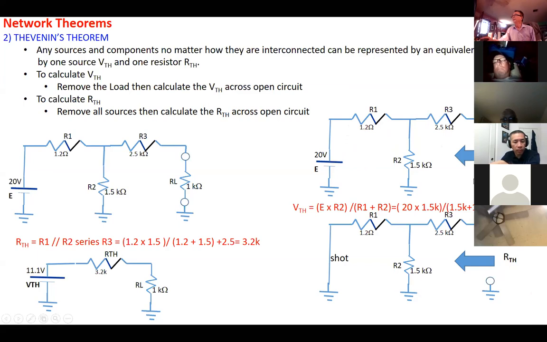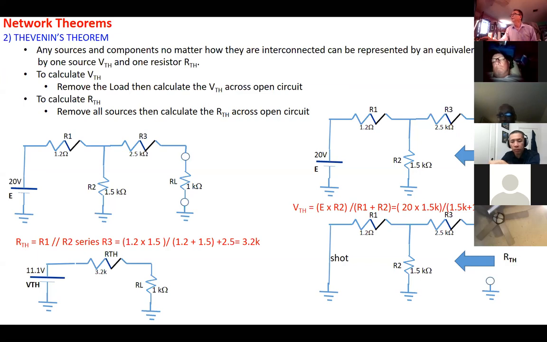Let me ask you this, Mr. Pham. If you put the black lead on the ground and the red lead on the right side of R3, would R3 look like just a plain wire, or what? No, just a resistor.